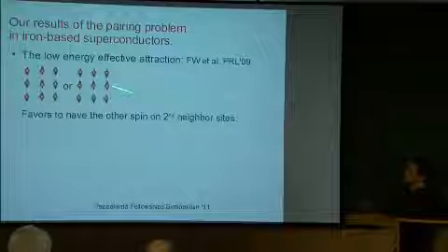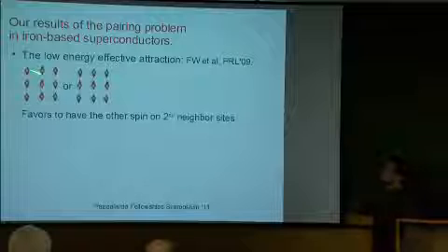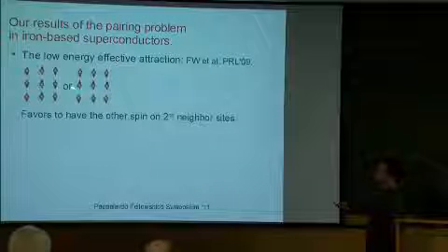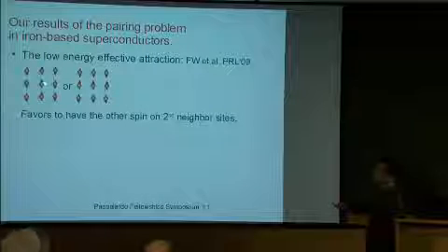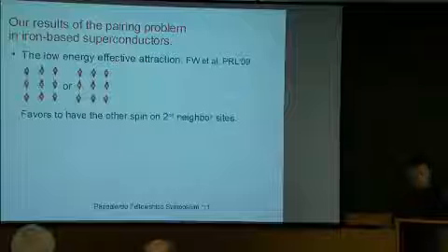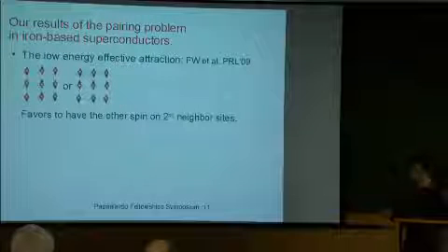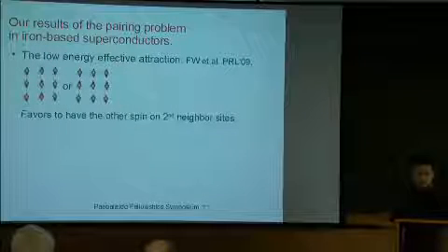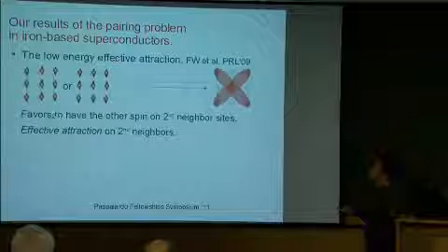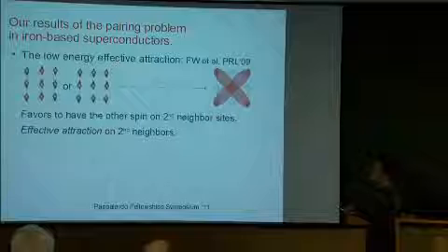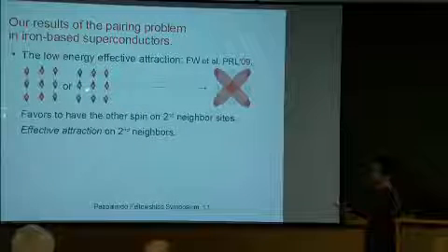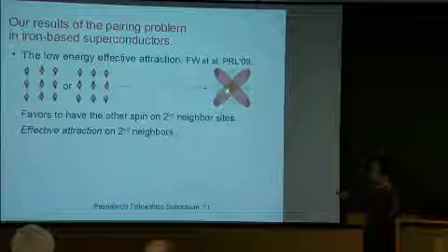And if you look at these two pictures, you will see for the nearest neighbor, there's really no preference whether it wants to be the same or different from the central spin. But for the second neighbor, it definitively favors the opposite spin to the central one. So this property leads to, first, a strong effective spin exchange interaction between the second neighbors, and a strong pairing tendency between the second neighbors.